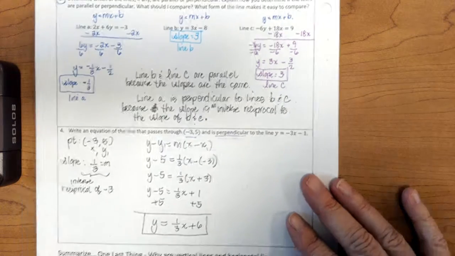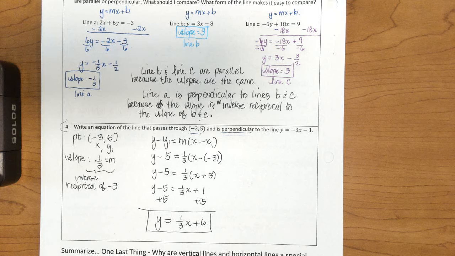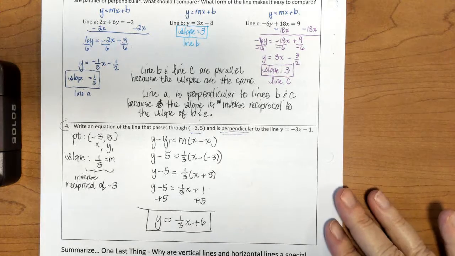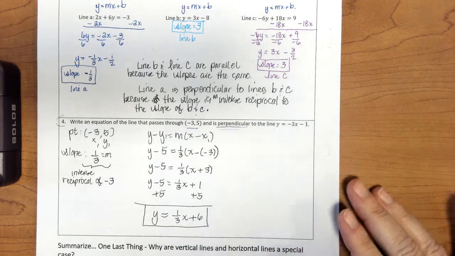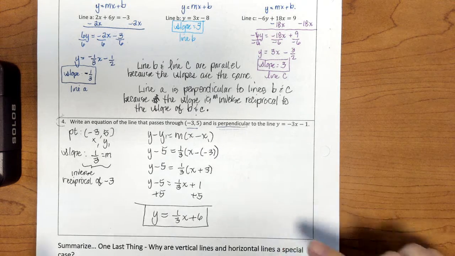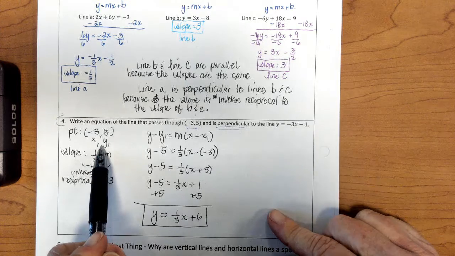So then in example 4, we were supposed to write an equation of the line that was passing through a point of negative 3 comma 5, and I was being given that it was perpendicular to the line of y is equal to negative 3x minus 1. Well, I already knew my point, so I identified that as x1, y1.